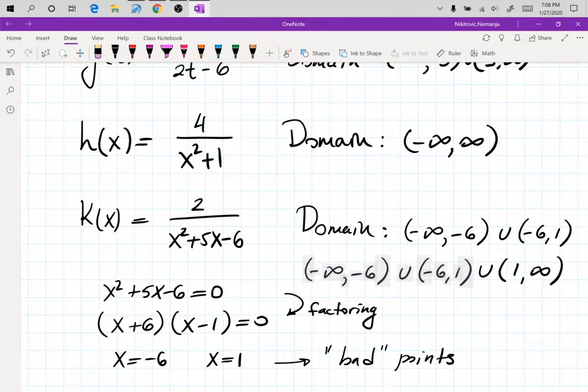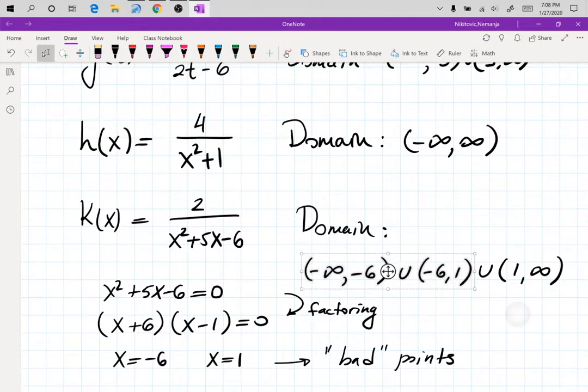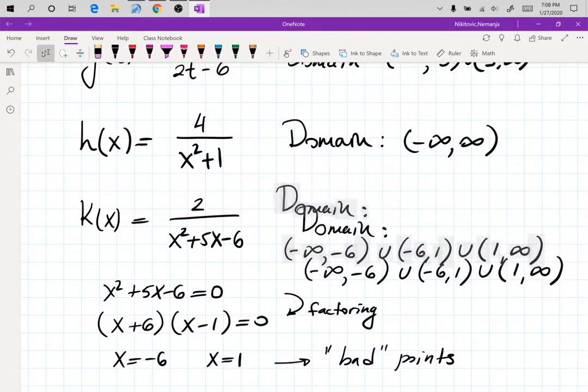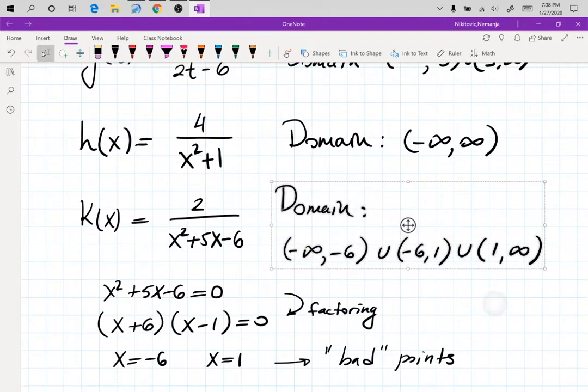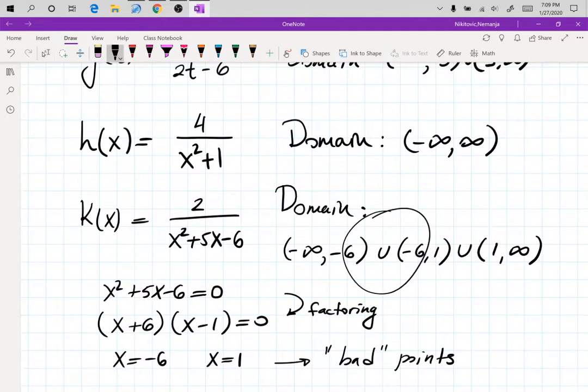So that's what the domain is. We had to interrupt at negative 6 because negative 6 would make the denominator 0. And we also had to interrupt at 1 because 1 would make the denominator 0.